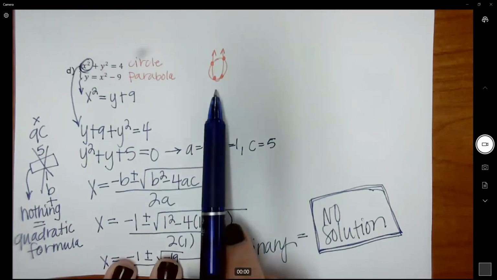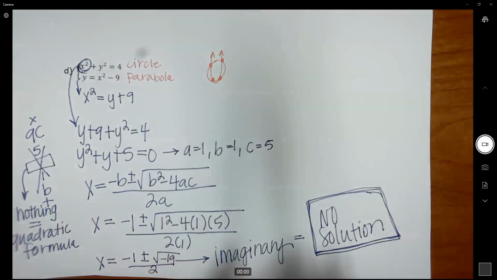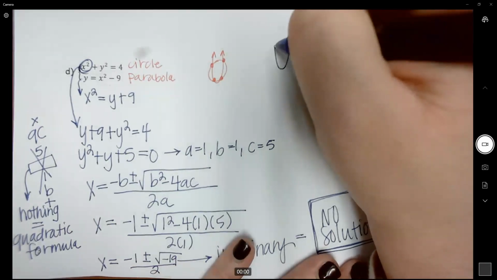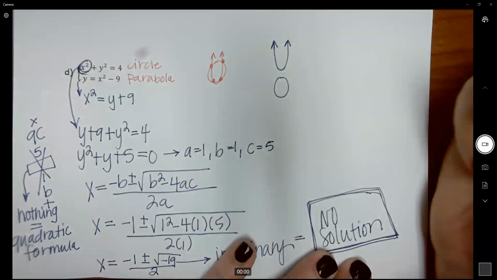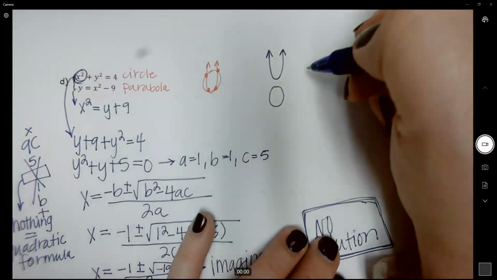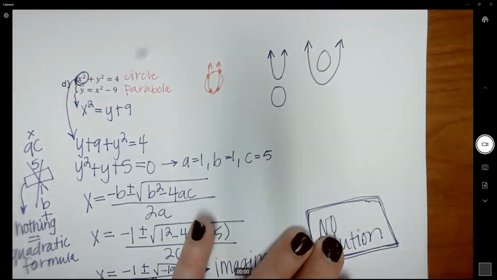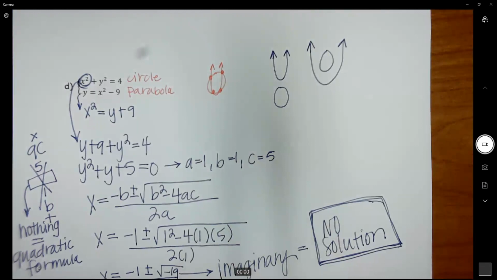So even though my graphs could have looked like this, we either had something like the parabola with a circle maybe below it, or you could have had the parabola going around the circle. Okay, but either way, those two graphs are not intersecting at any spot.